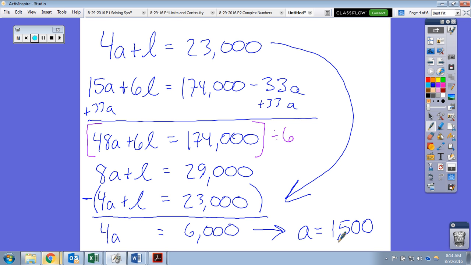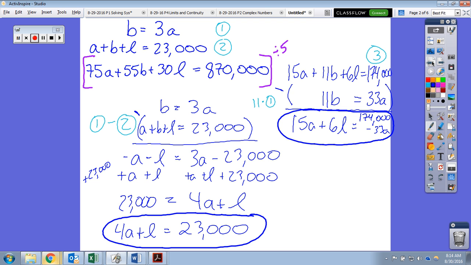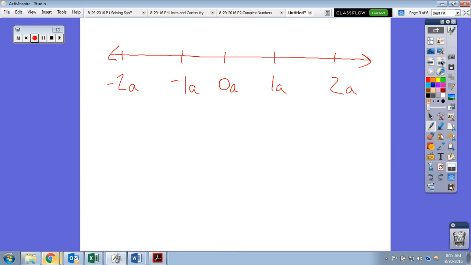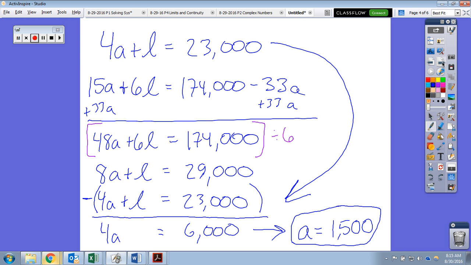To see if we made a mistake, or you made a mistake, when you're doing these, let me jump over to my original statements. We said that from the text, it tells us that the sum of all of the sections, there are a total of 23,000 seats. So this number does not exceed 23,000.